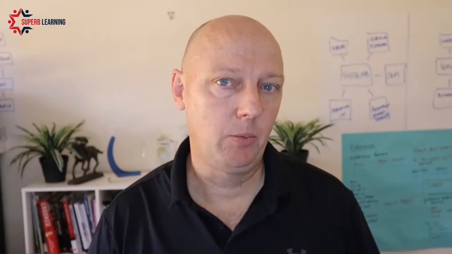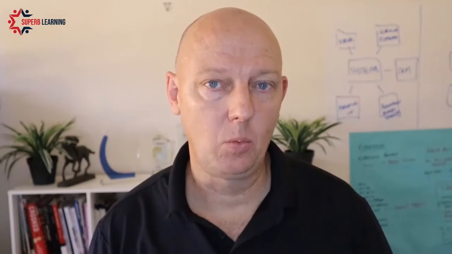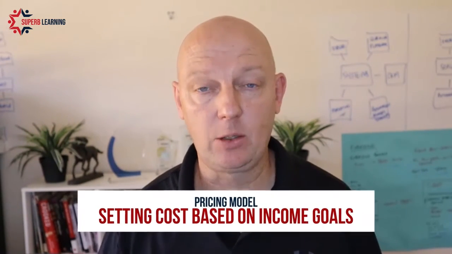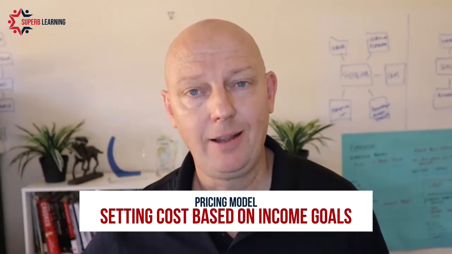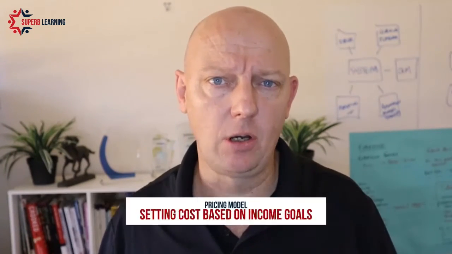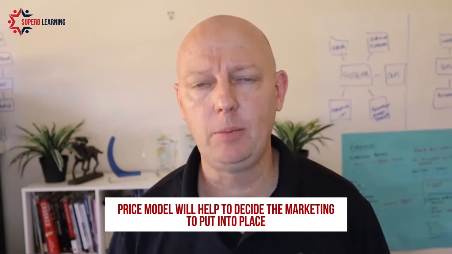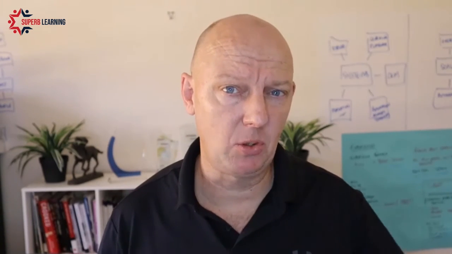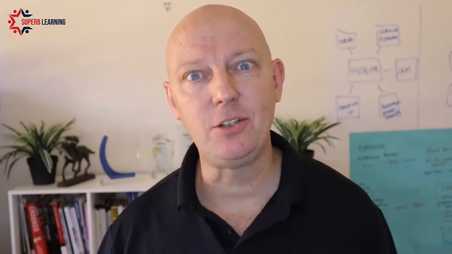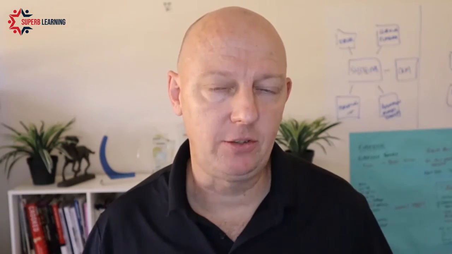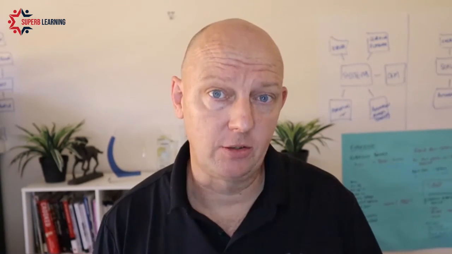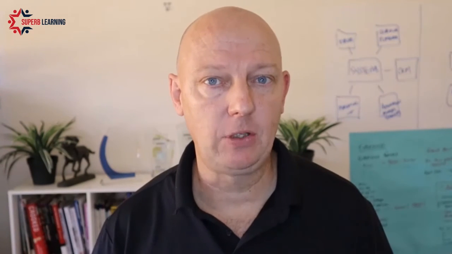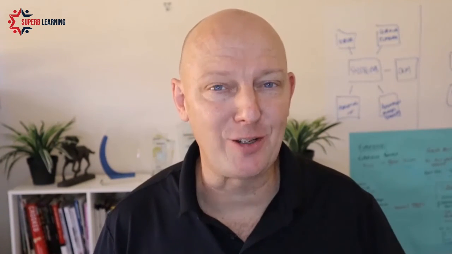You can see how we can use the pricing model to work out the price that we're going to set for our course based on our income goal. But it also then gives us an indication on what sort of marketing we need to put in place. So obviously you might look at it and go, $100 course, sell a cheap course, that's great. But it actually means that you need to reach more people based on your income goal. Whereas if you increase the price, we're going to a $1,500 course, we actually only need to reach 8,000 people.